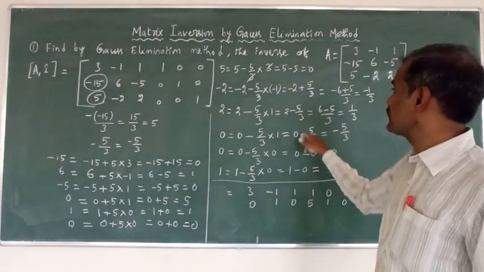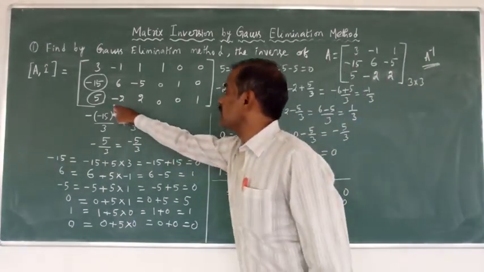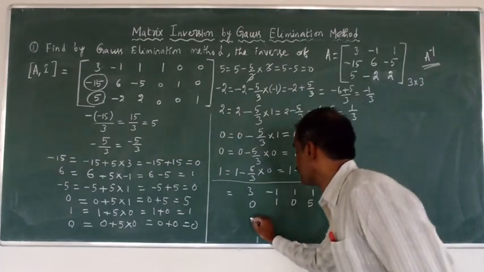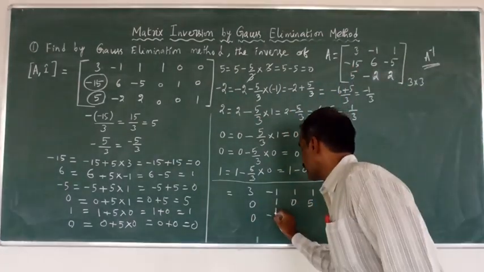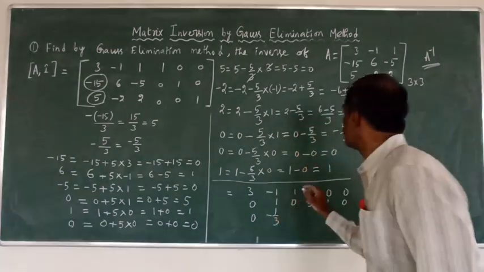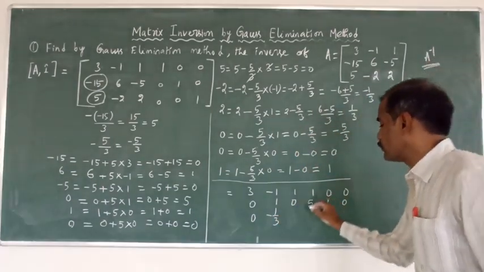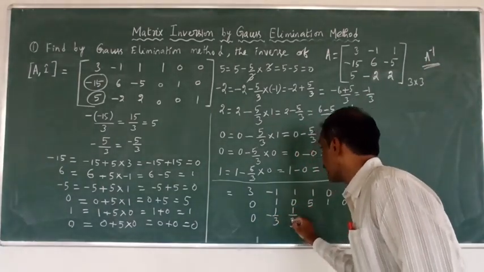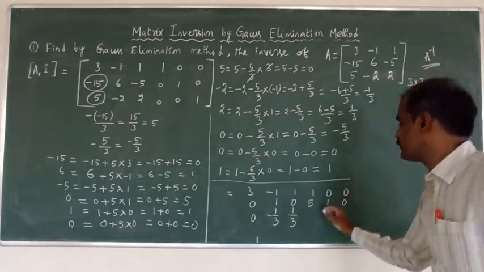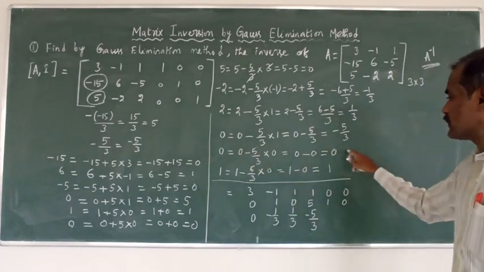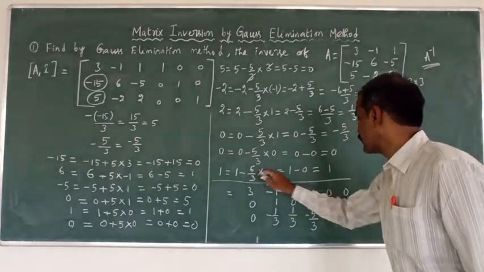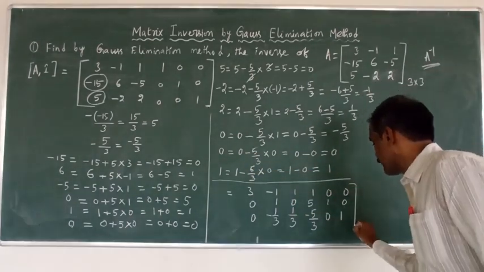The same thing here, 5 value 0, minus 2 value 1 by 3, minus 1 by 3, and 2 value 1 by 3, and 0 value minus 5 by 3, and 0 value 0 and 1 value 1.